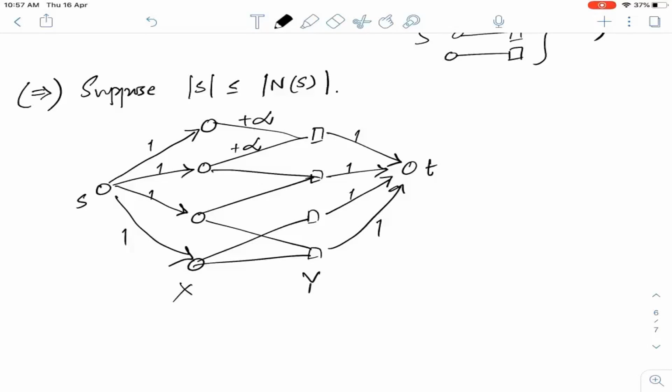I'm not asking you what is the exact value of the min cut, that needs to be seen. But what is an upper bound on the minimum cut in this network? Is it a finite quantity or can it be infinite?